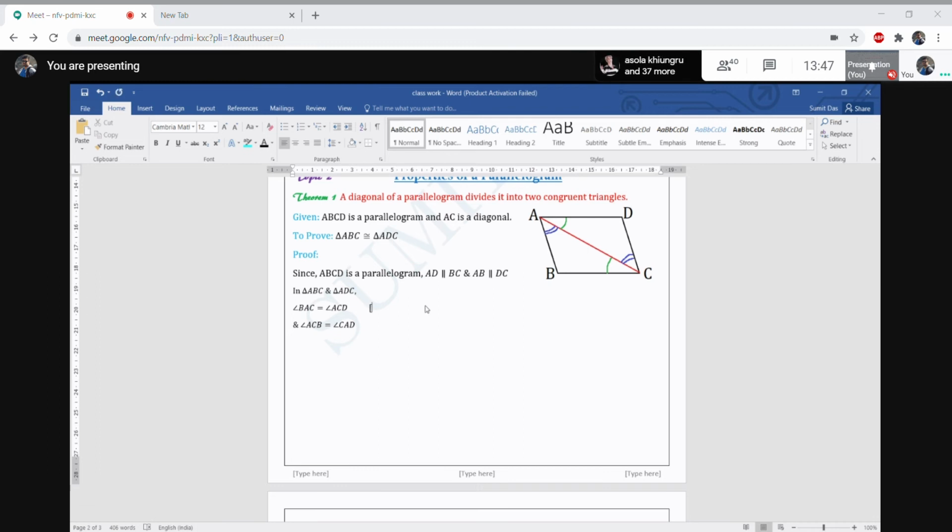Because AB is parallel to DC and AC is a transversal, so it is a pair of alternate interior angles.